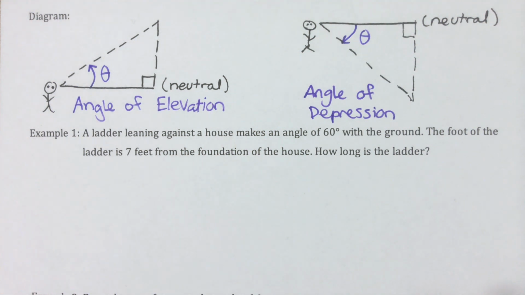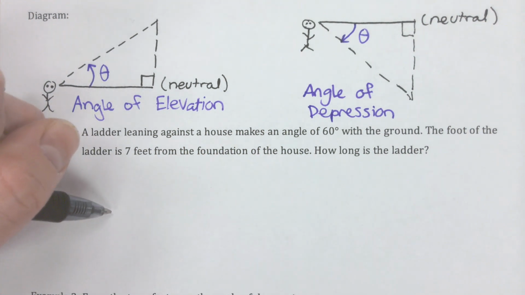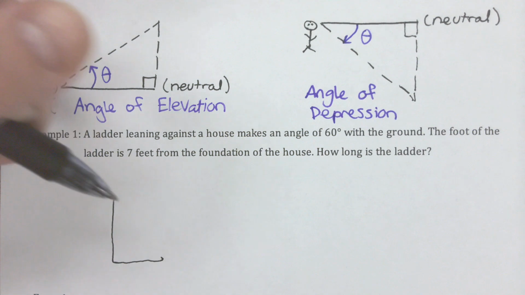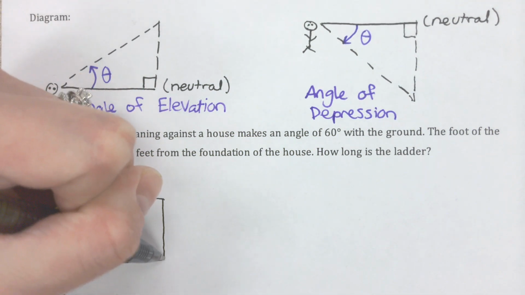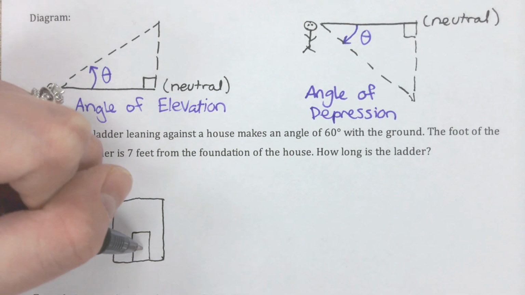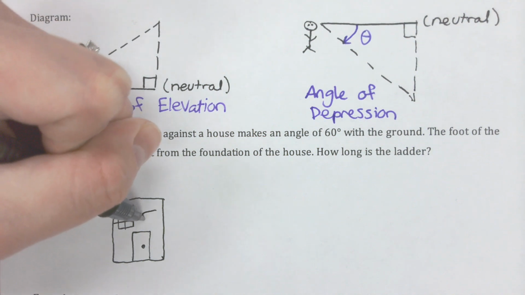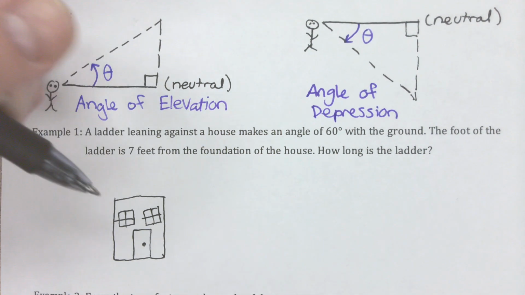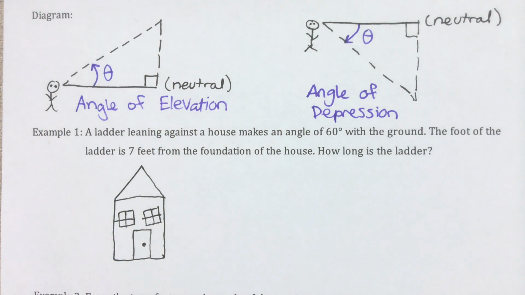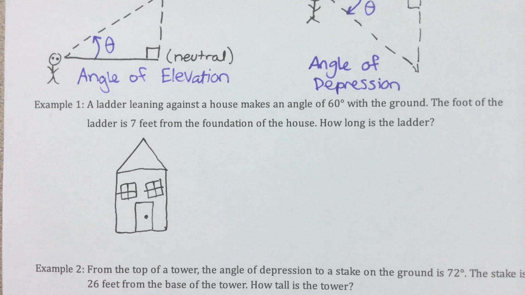So we have a ladder leaning against a house. And I had to remind my sophomores in geometry that if you put a ladder against a house and you intend to climb it, it can't be vertical on the house.